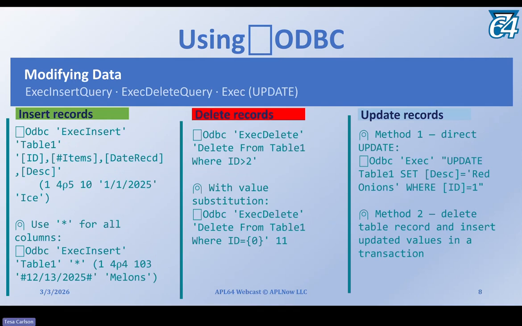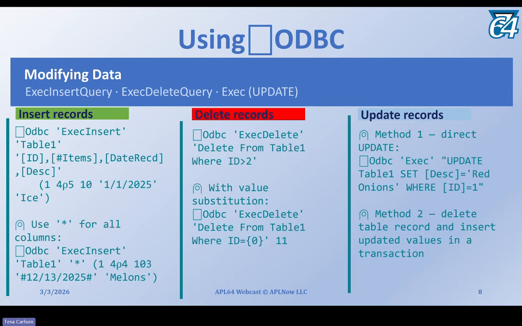Quad ODBC actions provide opportunities to modify data using exec insert query, exec delete query, and exec with the update SQL statement. These three actions apply to the Quad ODBC instance.